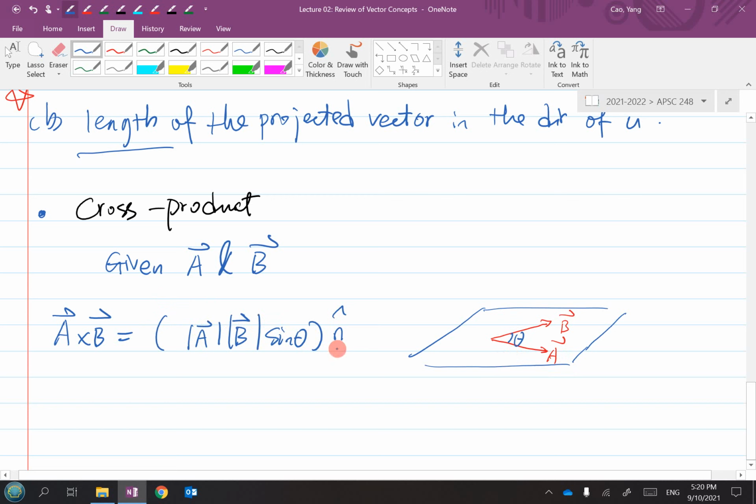Now n here represents a unit vector that's normal to the plane, which contains the A vector and B vector. So that n here is a unit vector perpendicular to the plane going through A and B. That's what n is.